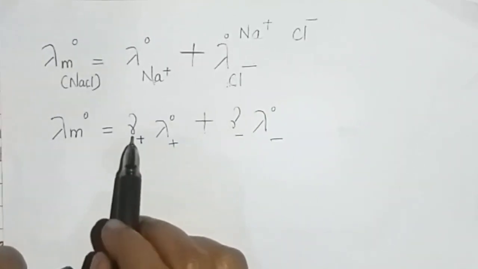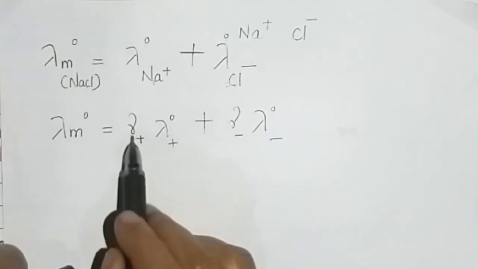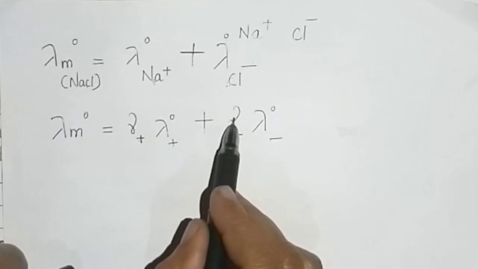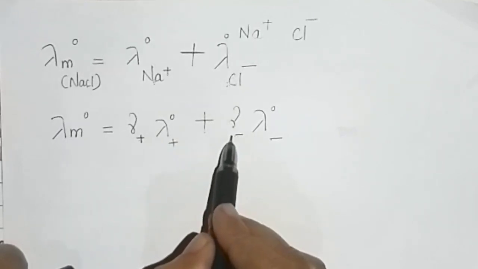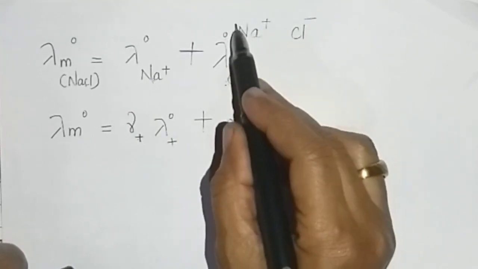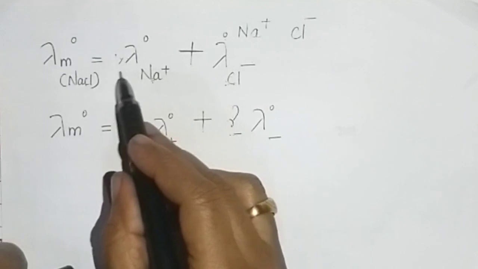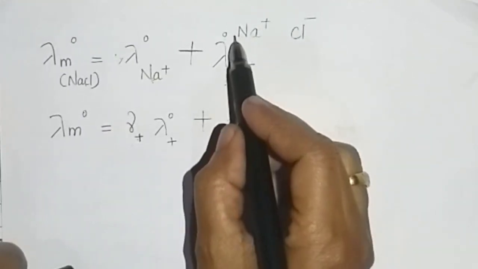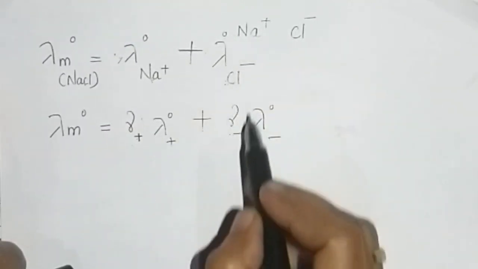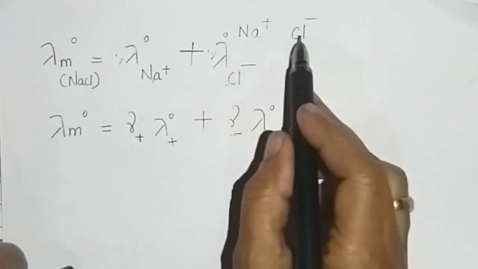Here nu positive and nu negative are the number of cations and number of anions. For example, the number of cations here is 1, so it is multiplied by 1, but we don't write nu positive because it is 1, and the number of Cl minus is also 1, so we don't write 1.